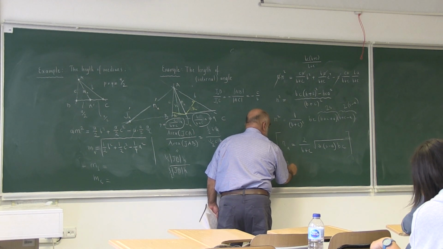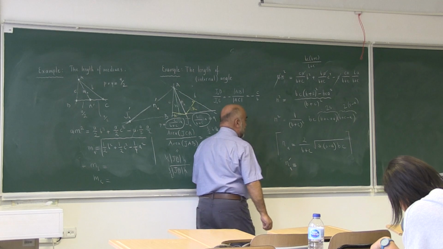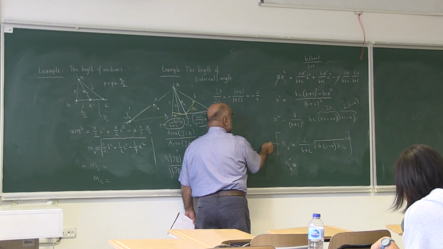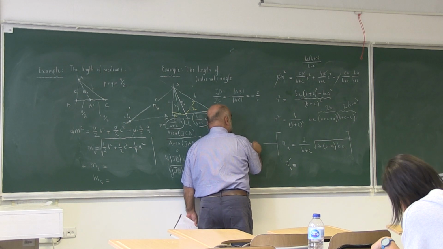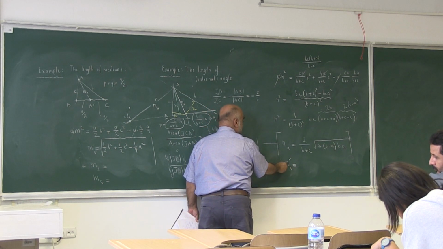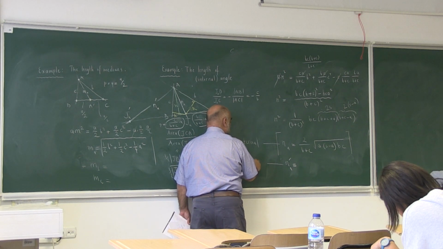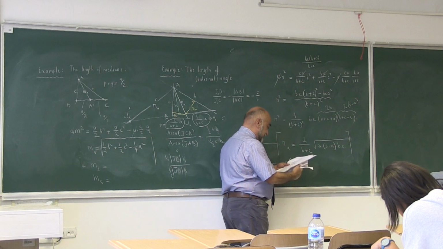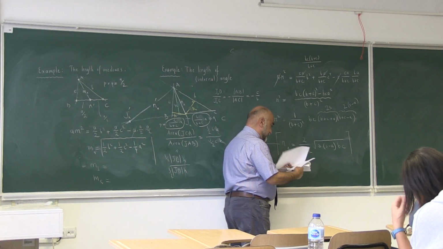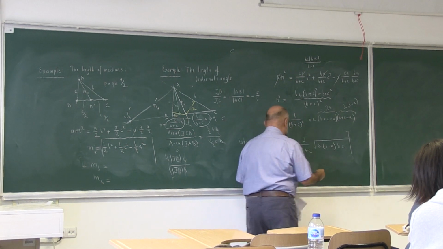There are one or two peculiarities for the external angle bisector. So that's the internal angle bisector. That is the external angle bisector. The formula is a little different. As you can see, I cannot remember it myself.